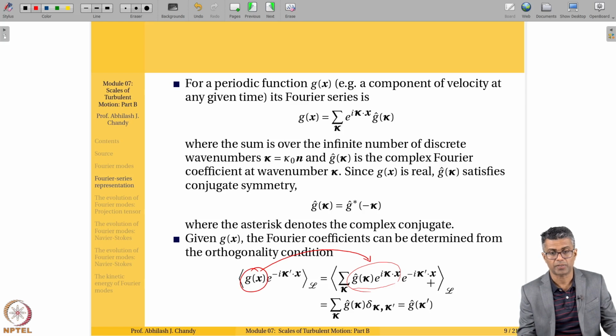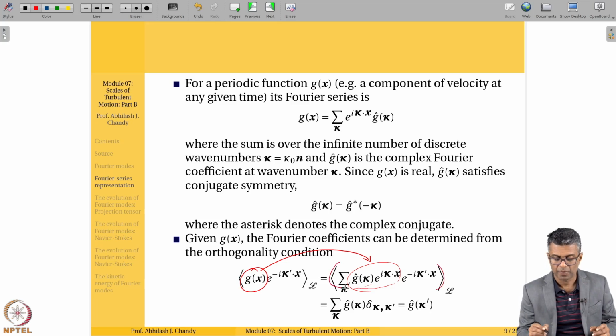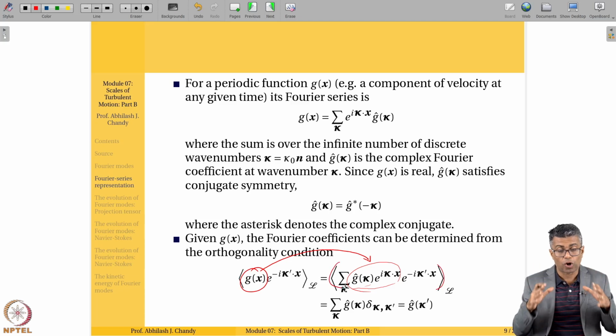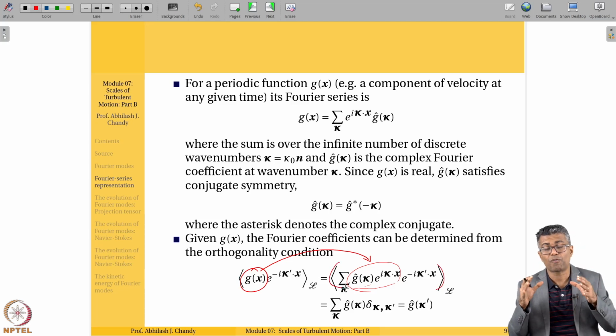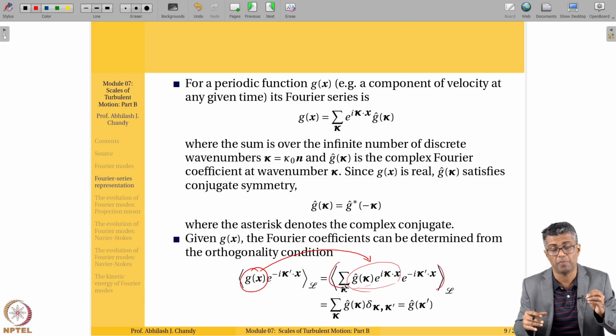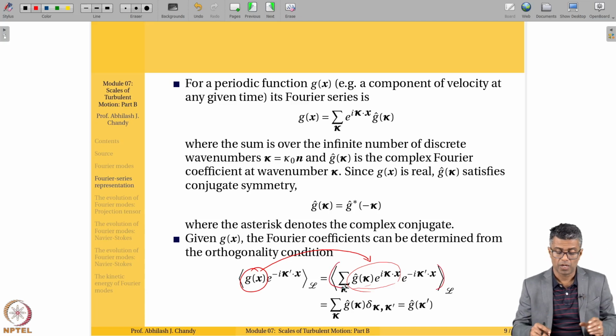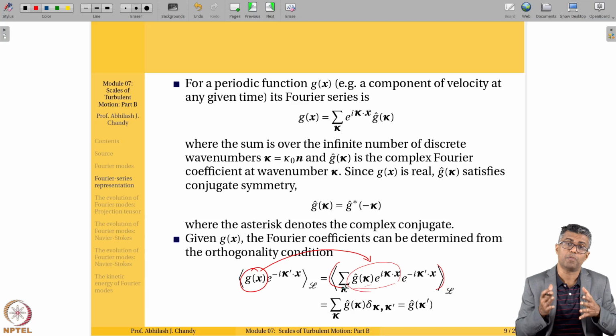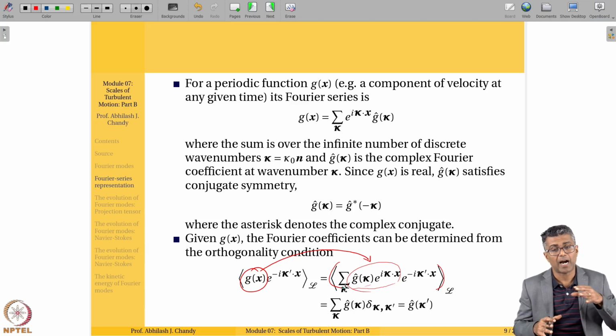So I have g hat of kappa, e to the i kappa dot x times e to the minus i kappa prime dot x. Then what happens? I can take the g hat of kappa out of this volume integral. Why? Because the volume integral is physical space based, and g hat of kappa is Fourier based. So g hat of kappa is a constant with respect to the physical space, and I can take it out of the volume average.